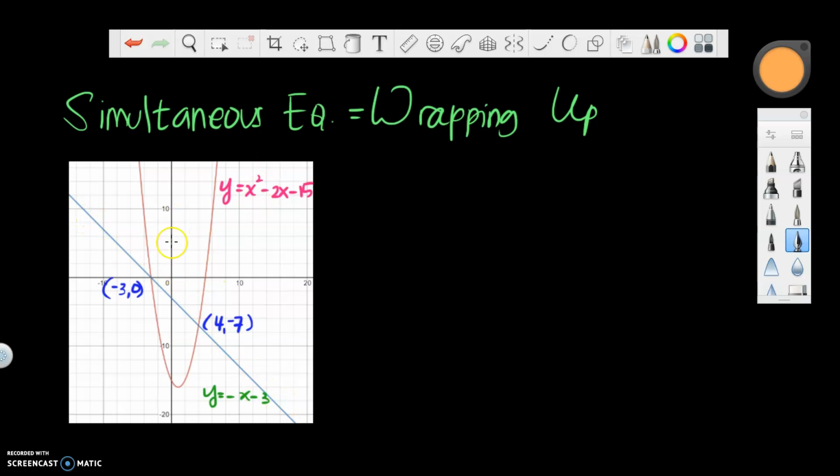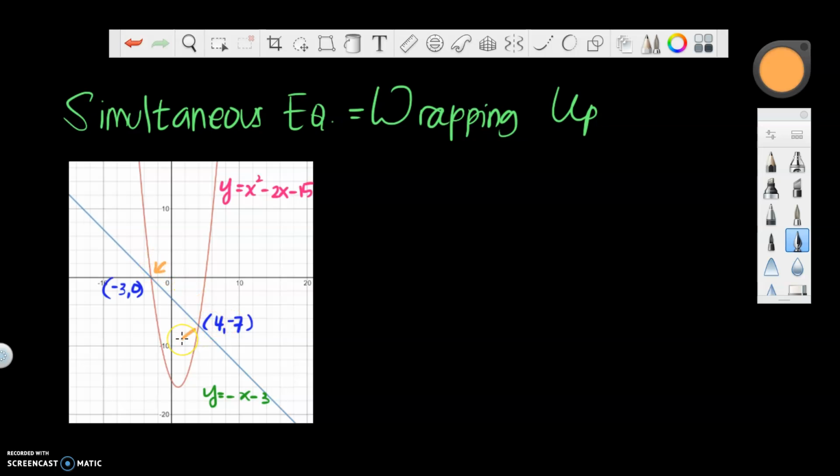So for example, in this picture, you can see this is a curve and this is a line. When this curve and line are drawn together under one Cartesian coordinate, you can see there are two meeting points, right?